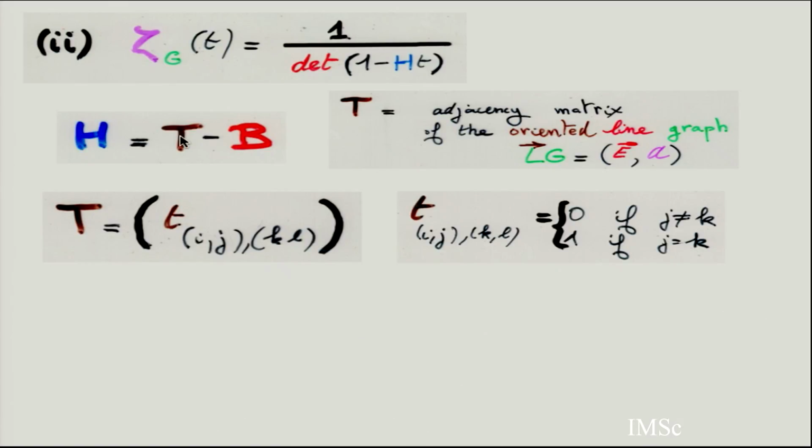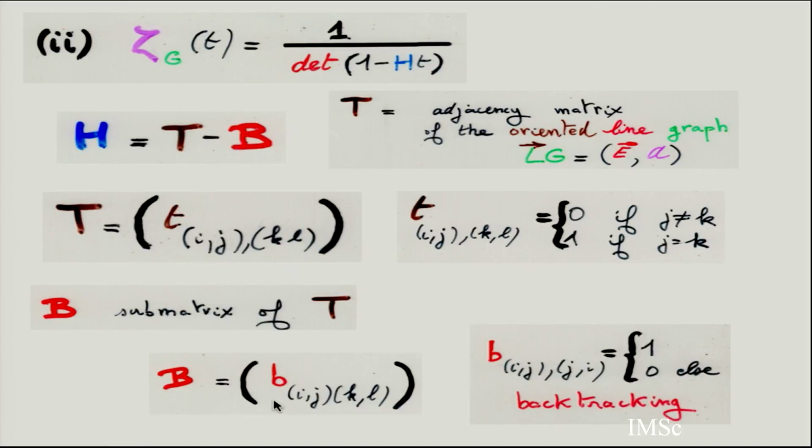This is T. And now B is the submatrix where you put a 1 or a 0 for a backtracking. The term ijji, it's a 2m by 2m matrix. You put a 1 if you are doing a backtracking. So subtracting the matrix B from T means you just keep the paths in the oriented line graph which are not making any backtracking.